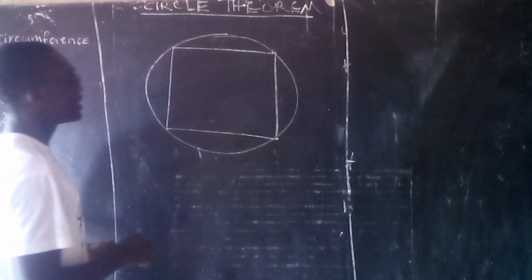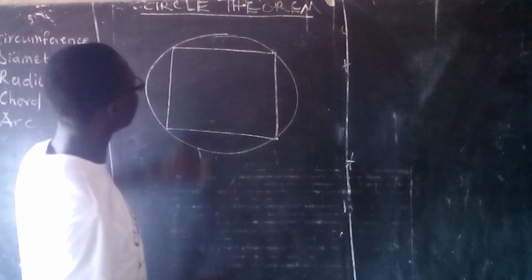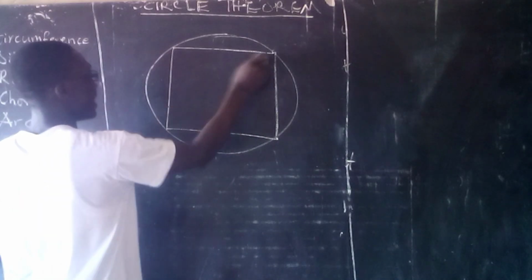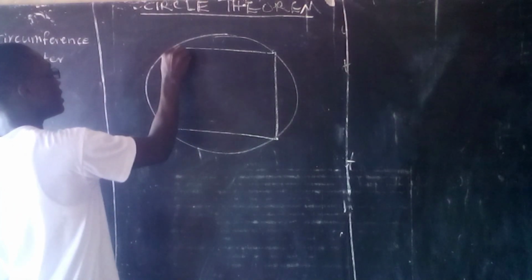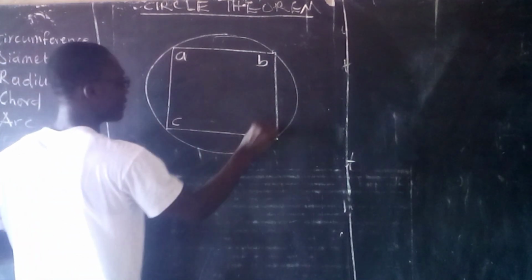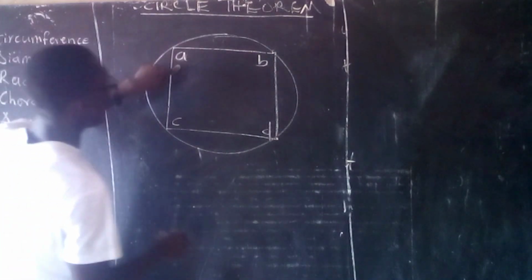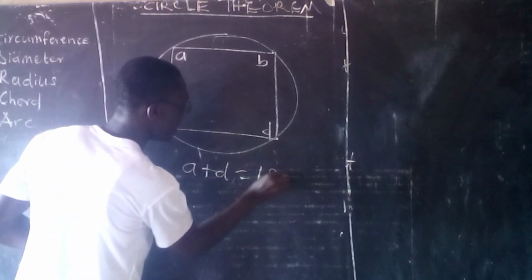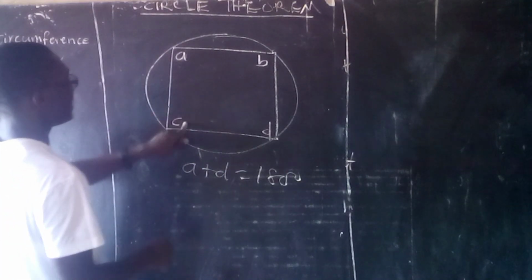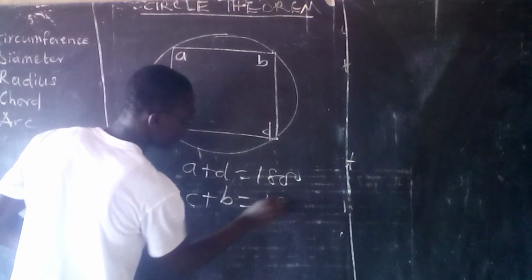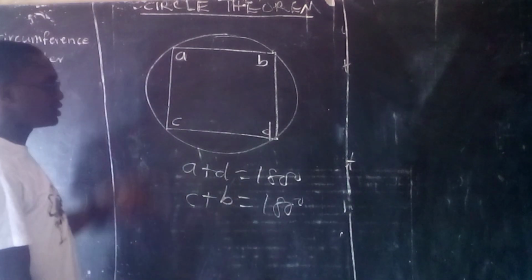We are saying that for this figure, the opposite angles add up to 180 degrees. Let's say you have A, B, C, D. A plus D is equal to 180 degrees, and C plus B is also equal to 180 degrees.